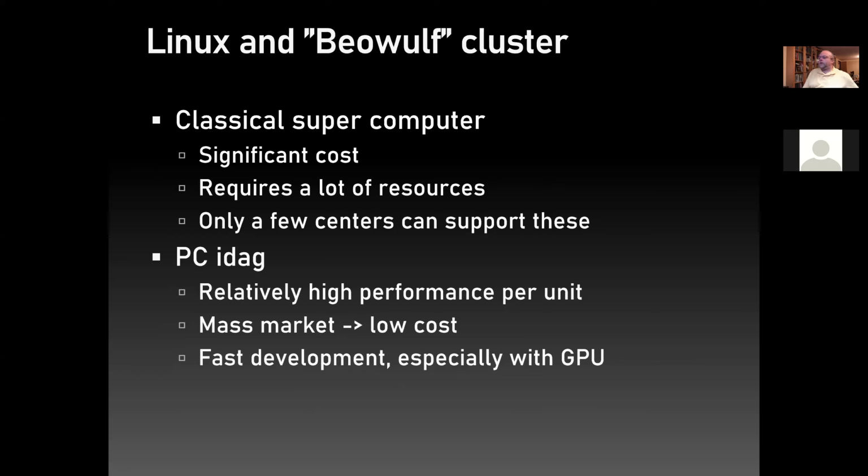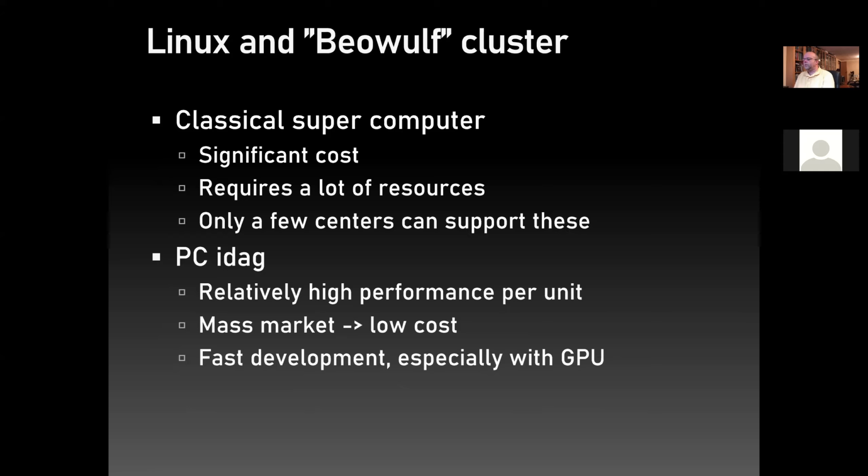A couple of years ago, when you bought a supercomputer, you bought one big, really expensive resource, and only a few centers around the world could afford these machines. Something that happened in the 90s is that the PC became available and was mass produced.